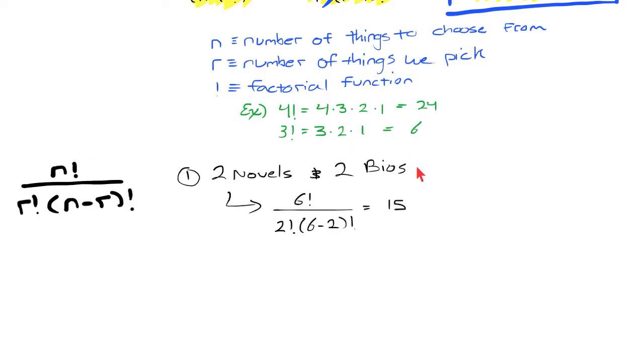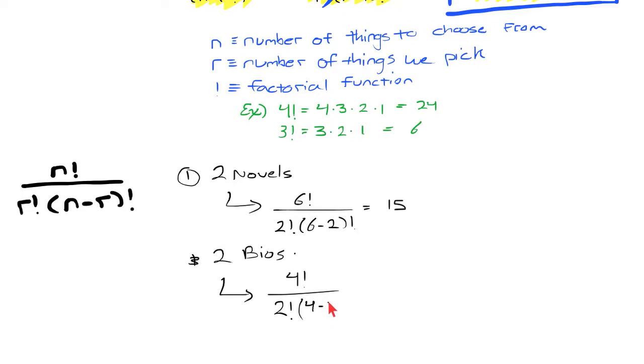With the 2 bios, we have to talk about those too. For the 2 bios, we have to pick from n equals 4 choices. Out of those, we have to pick 2 bios, and we have to do 4 minus 2 factorial to complete the formula. And that turns out to be the number 6.